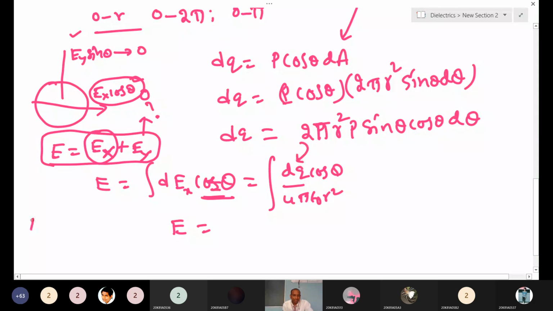Generally, what is the electric field? Q by 4 pi epsilon naught r square, right? So if you differentiate this one, you have to differentiate the charge also.